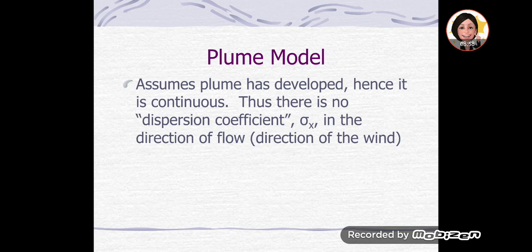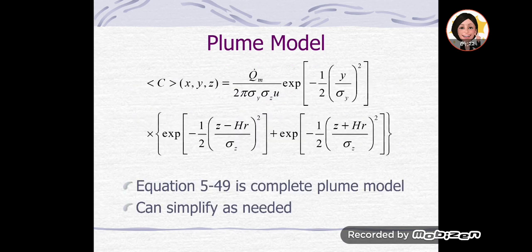Assume the plume has developed, hence it is continuous. When there's a plume, it's continuous, therefore there is no dispersion coefficient in the direction of flow. So it's assumed there is no dispersion of the plume.